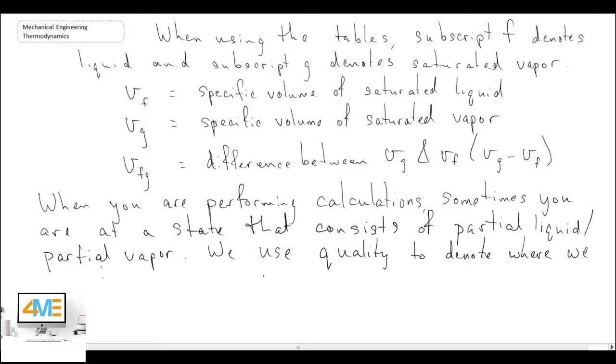The quality is defined as being the mass of vapor in our system divided by the total mass.